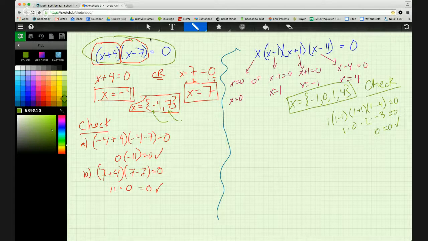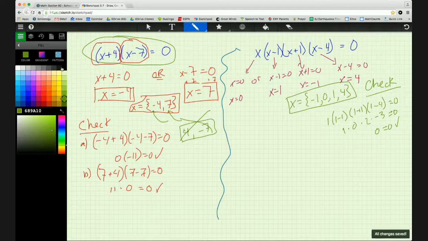So what is a typical mistake that might be made when you're solving this equation? If you think you've got it all figured out and you're fast and loose and you think you're a whiz-bang algebra student, you're going to come in here and say, oh, x plus 4, x minus 7. Oh, my answer is 4 and -7. Because you're going to see this +4 and this -7, and you're going to think that this is your answer. But notice that is wrong.